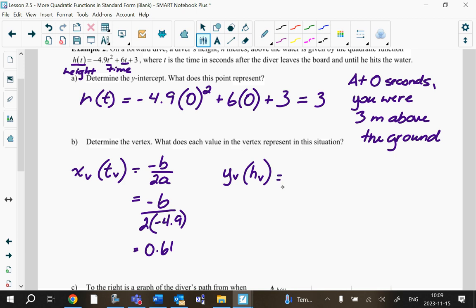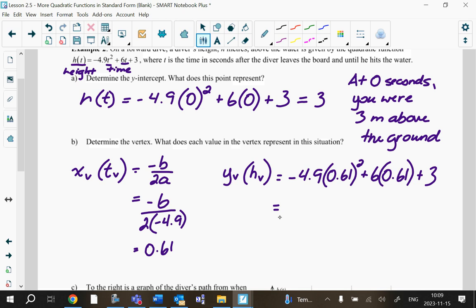So that means we're going to get negative 4.9 times 0.61 squared plus 6 times 0.61 plus 3. So do your order of operations. You may want to break it up.